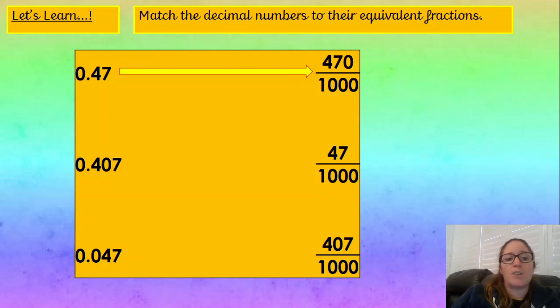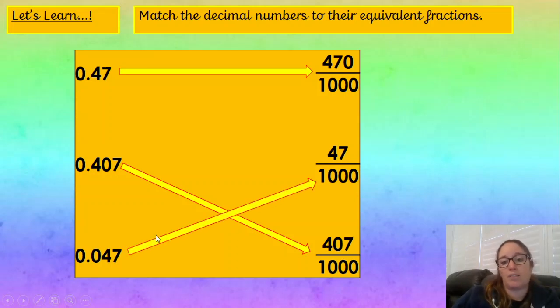We've then got 0.407. Now we can see that one is going to go down here because it's 407 thousandths. Last of all we've got 0.047 because we haven't got any tenths. So that's going to give us 47 thousandths. Let's have another go.